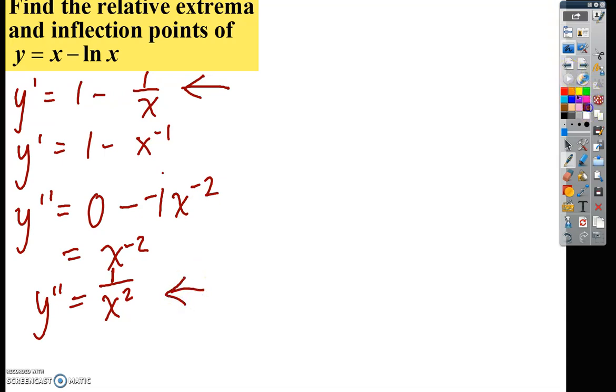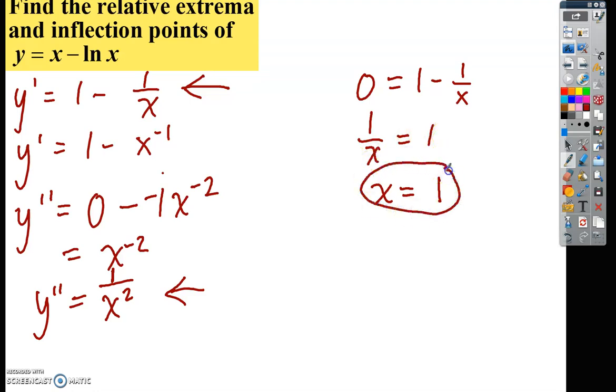So we've got our original y prime right there, and our second derivative. We need to set those both equal to 0. So 0 equals 1 minus 1 over x, or 1 over x equals 1, which means that happens when x is 1. 1 over 1 equals 1. So that's our critical point. Our possible points of inflection occur when 1 over x squared equals 0, which will never happen.